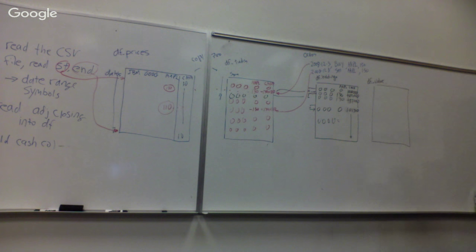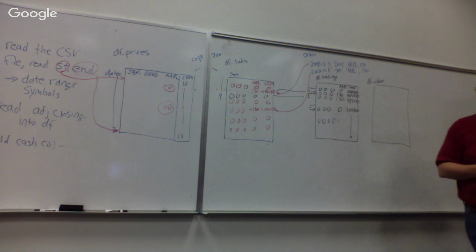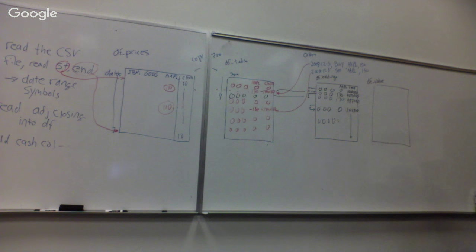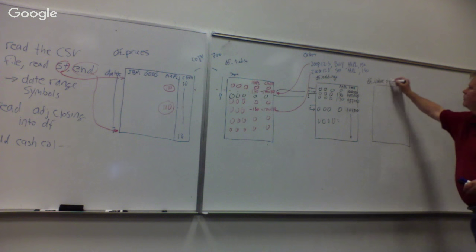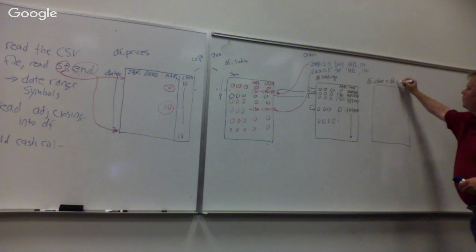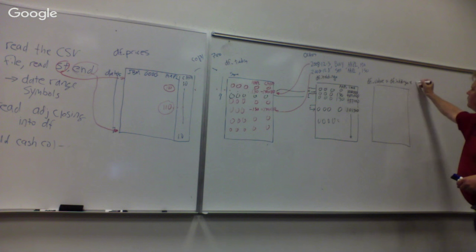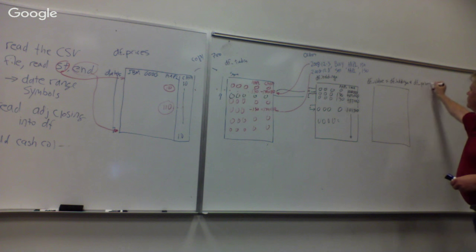And what we want now in each row is to represent what is the dollar value of each asset. And all we have to do to calculate that is DF holdings times DF prices.